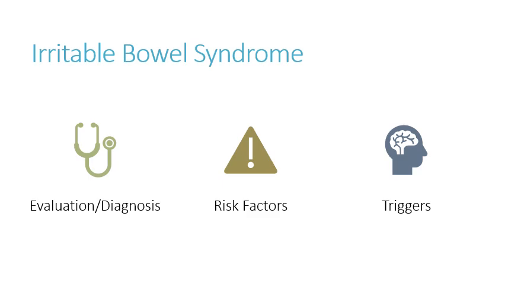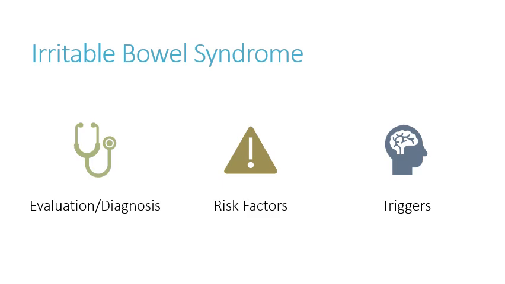So the patient may have diarrhea-predominant or constipation-predominant IBS, but it's not IBS unless your patient has abdominal pain associated with the constipation or diarrhea. Some patients may even have alternating diarrhea and constipation, but again, abdominal pain is the key component of making this diagnosis.